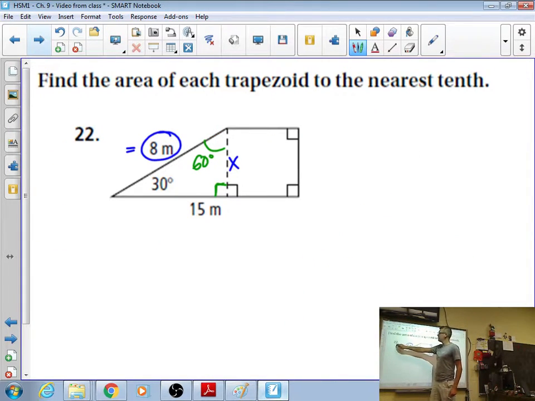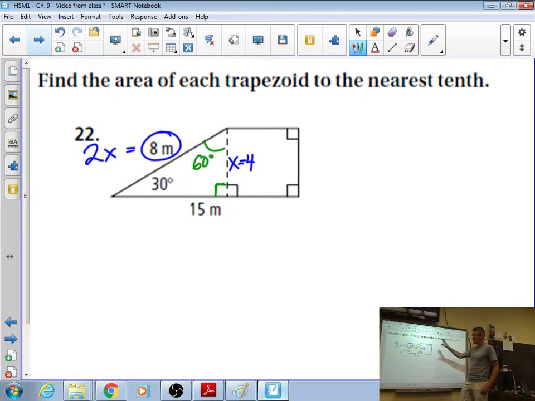So that 8 is really 2 times x, which can then tell me that this height has to be, if it's opposite the 30, we know it's the shortest side. The longest side, the hypotenuse, is double your short side. So if my hypotenuse is 8, and that's double, my short side has to be 4.